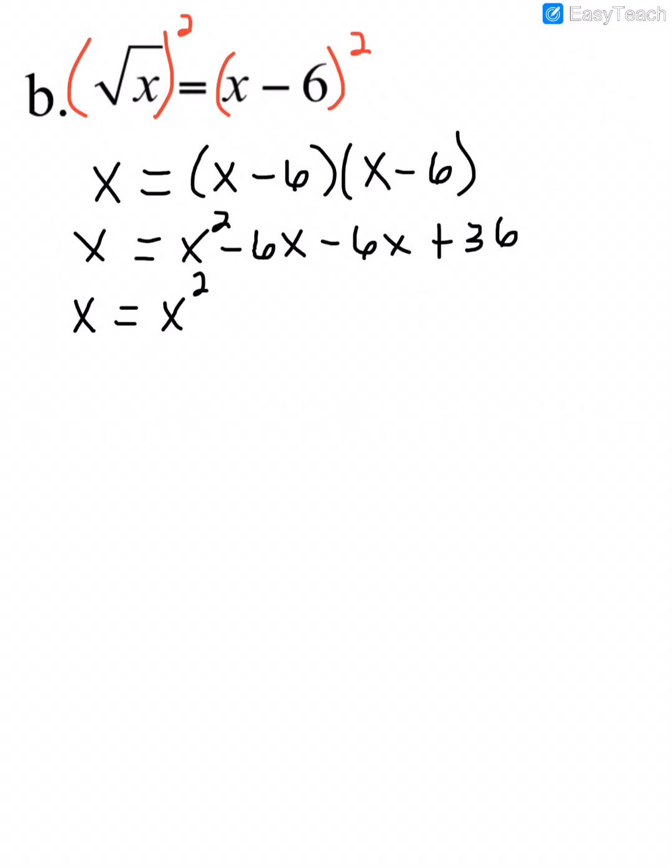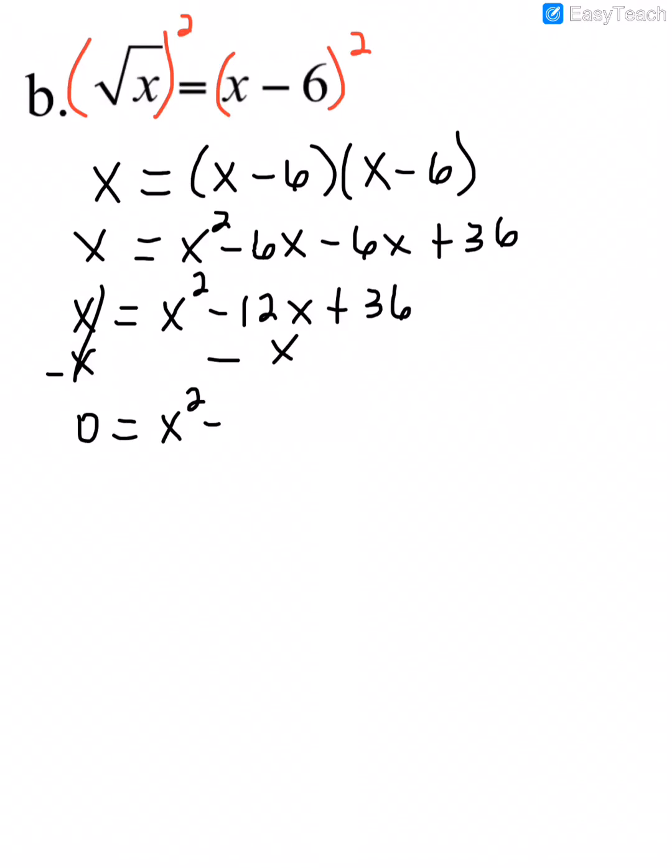If I combine my like terms, I get a negative 12x plus 36. Okay, so I'm going to subtract x from both sides of the equation. And I have x squared minus 13x plus 36. Okay, so now everything is combined on one side of the equation, the radicals are gone.